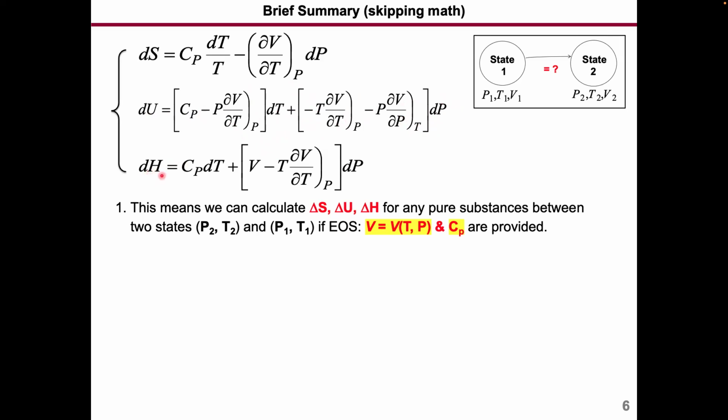Now dH is equal to Cp dT plus (V minus T (∂V/∂T) holding P constant) dP.